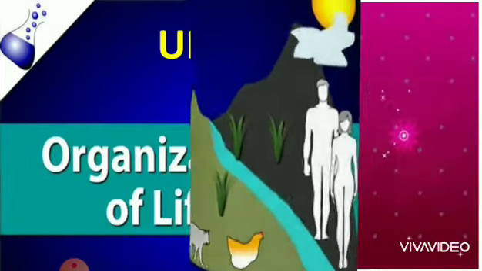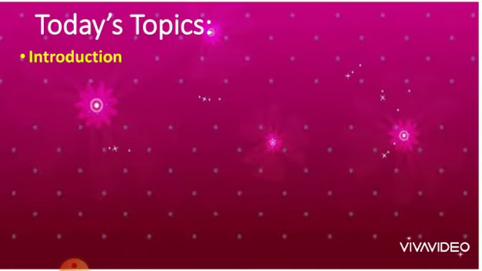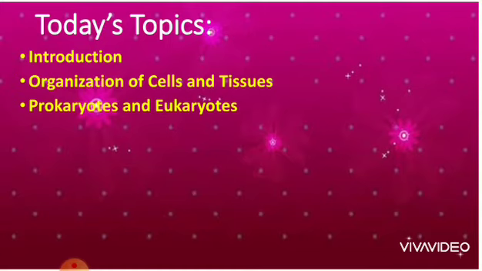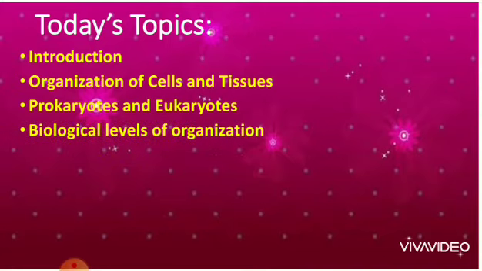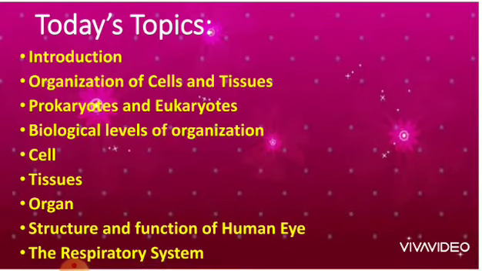Students, in this session, we will discuss Introduction of Organization of Life, Organization of Cells and Tissues, Prokaryotes and Eukaryotes, Biological Levels of Organization, Cell, Tissues, Organ, Structure and Function of Human Eye, and the Respiratory System. These topics are covered in page number 101 to 108 in our textbook. Let us see one by one.